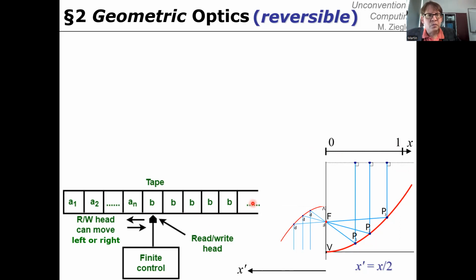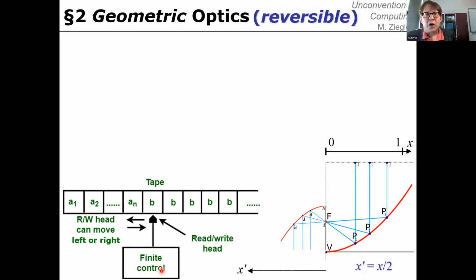Now, what else do we need to recreate a Turing machine? We have this read and write head that can read the content of the current tape cell, 0 or 1, and then a finite control, which proceeds according to the content of that cell and according to which state this control is in.